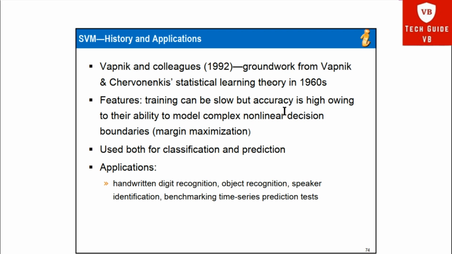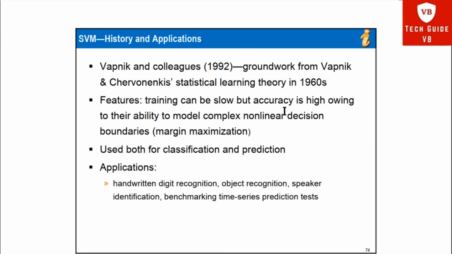Training can be slow, but accuracy is high, owing to its ability to model complex non-linear decision boundaries, that is margin maximization. So this technique is used for classification as well as prediction.